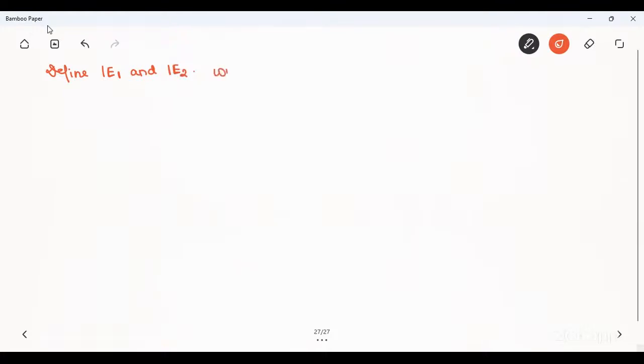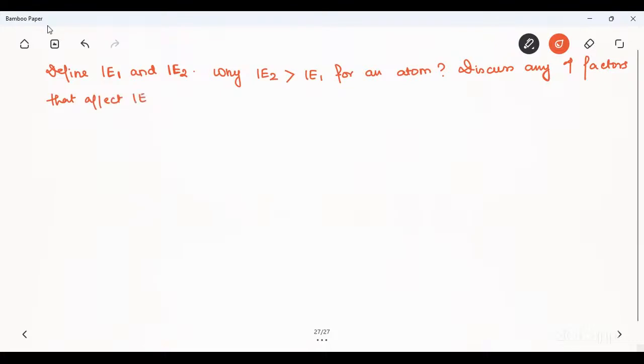Why is IE2 greater than IE1 for an atom? And third, discuss any 4 factors that affect the IE of an element.